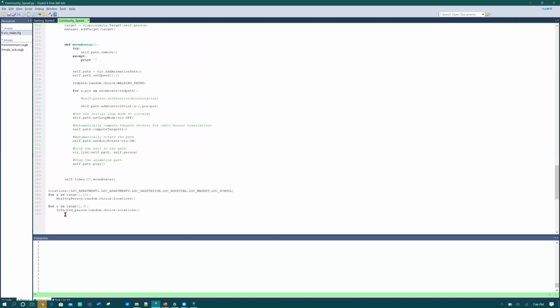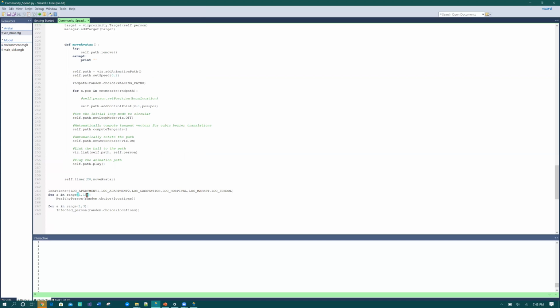Here I have the infected person. People being infected between the ranges of 1 to 3 for the infected people. So I can change the numbers here. I can reduce the number of infected people. I can increase it. I can also increase the number of people that are not infected.